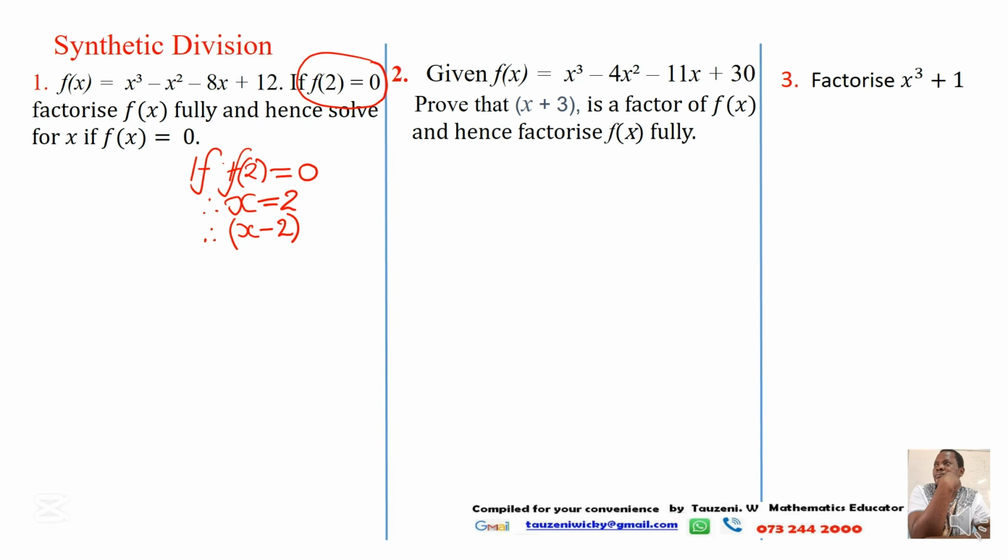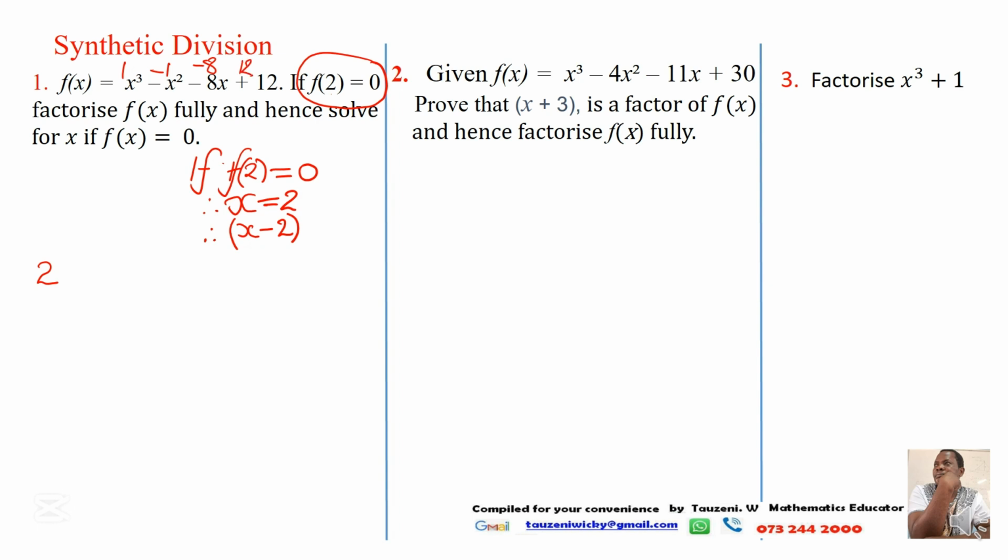Now, how do we find the brackets using synthetic division? The value of x that we are given here, x is equal to 2. We write the 2 first. Then the coefficients of this expression: the coefficient of x cubed is 1, the coefficient of x squared is negative 1, the coefficient of x is negative 8, and the last value is 12.